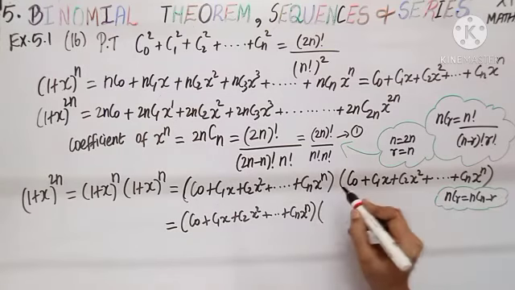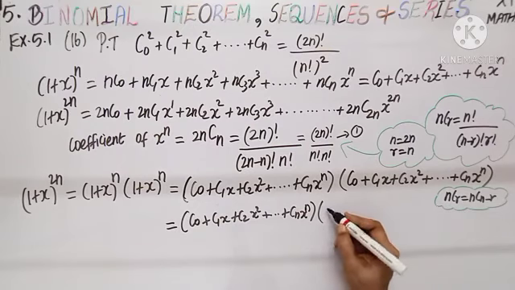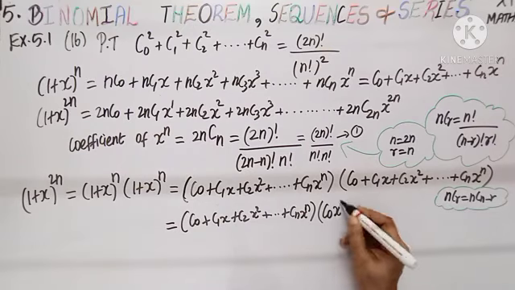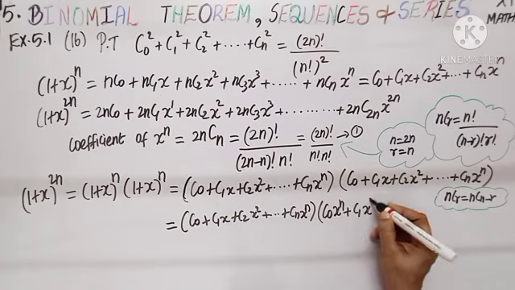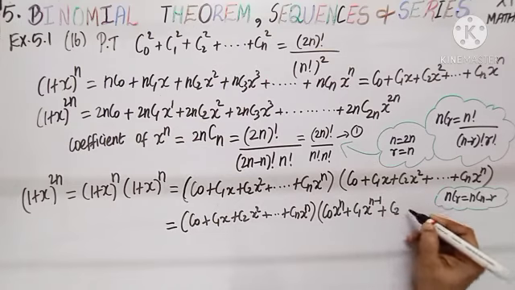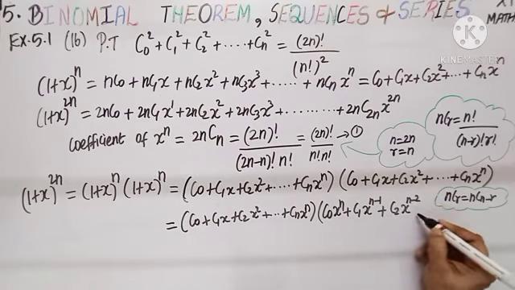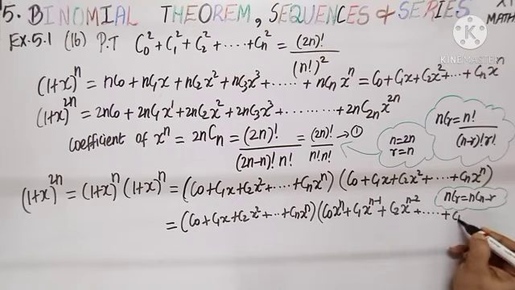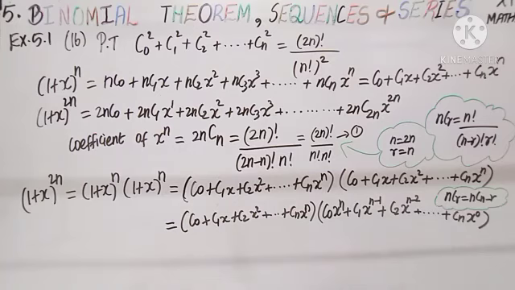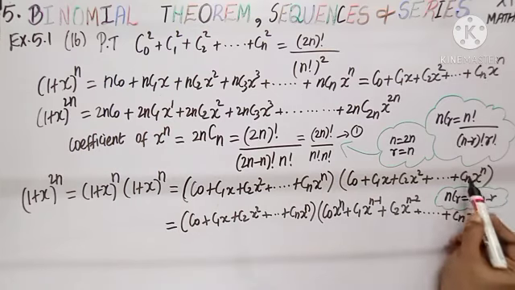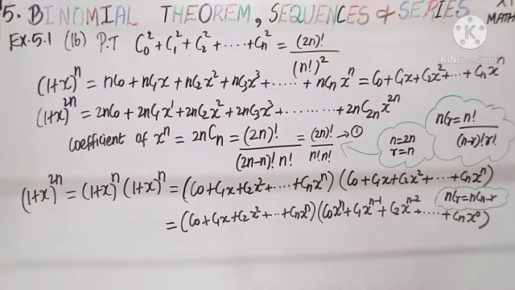Here, I am rewriting. So it will become C0 x power n, C1 x power n minus 1, C2 x power n minus 2 and the last is Cn x power 0, because I am rewriting. So Cn x power n will now become Cn x power 0 because we interchange the coefficients.